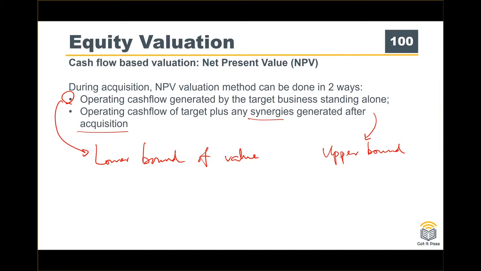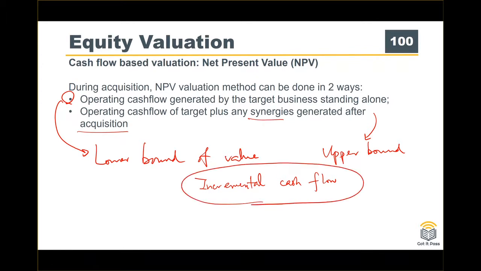So in general, you would like to acquire a company, then you will see what price you would like to offer. It depends on how much incremental value or incremental cash flow is generated. Then you pay for it.